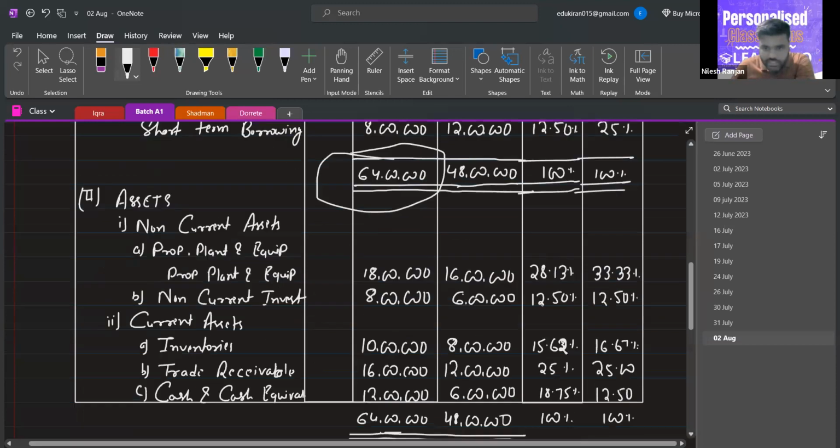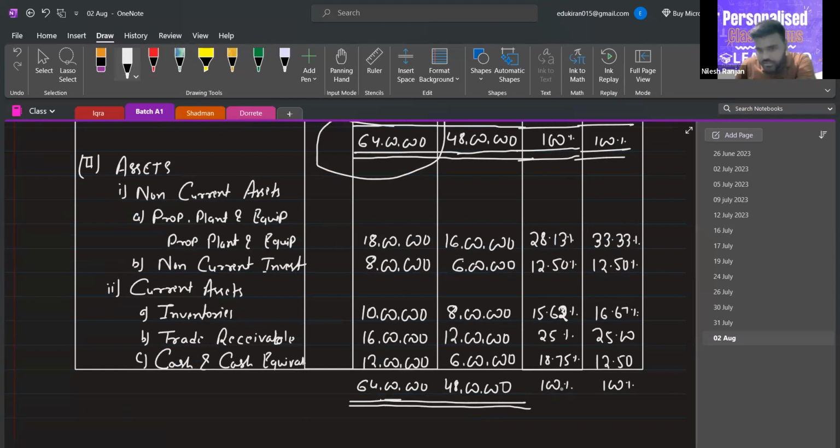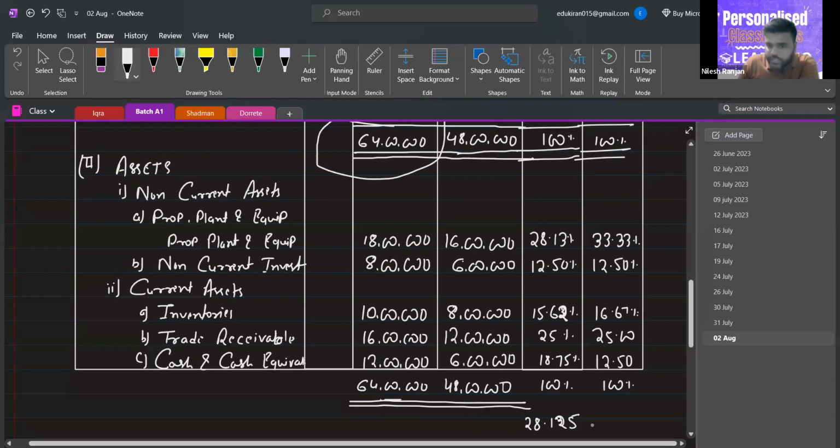Actually, here you can see I have added all these. I was getting 100.01%, so that's why I have decreased this to 15.62%. The percentages I got from calculation were 28.125 and 15.625.